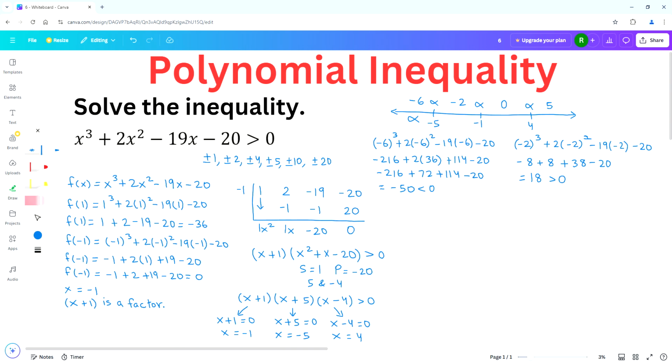Therefore, the inequality is satisfied in the interval between negative 5 and negative 1. Next, we can use the test value 0.